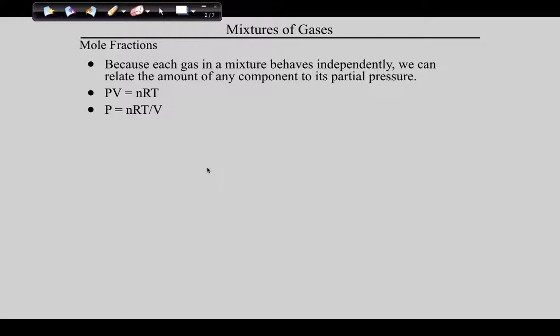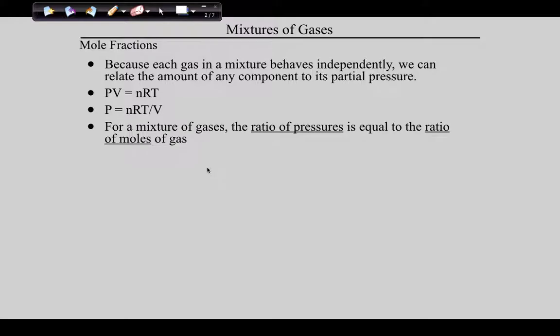But I'm writing it on one line. The reason is because it then allows me to represent this. We are going to talk about ratios of pressure and ratios of moles. We've already done this. Twice as many blue as red. Pressure of blue is twice that of red. But guys, do write this down.